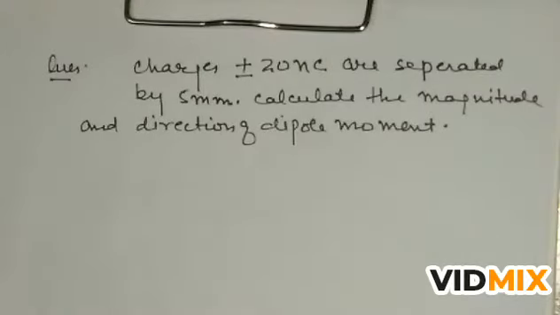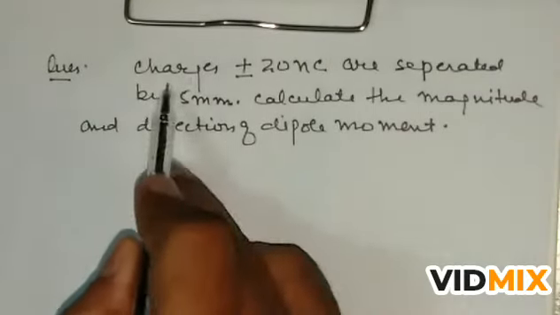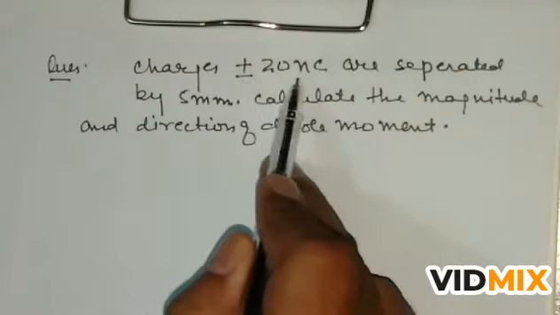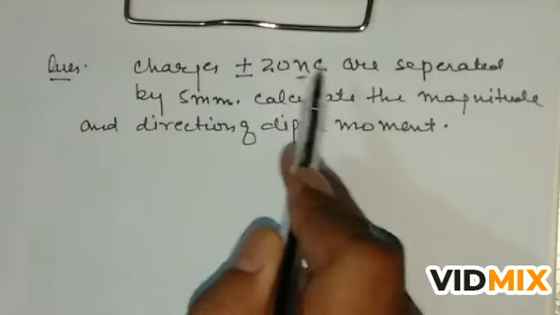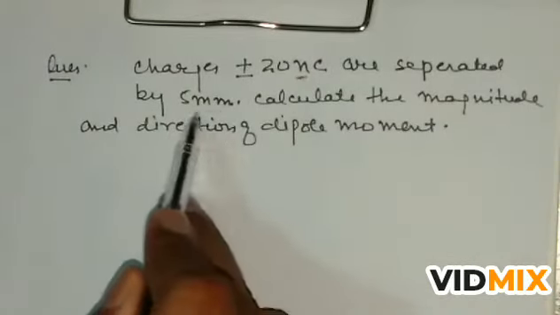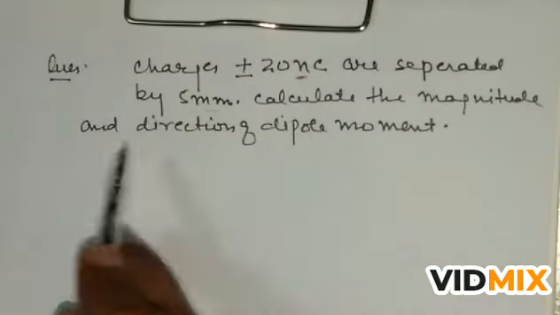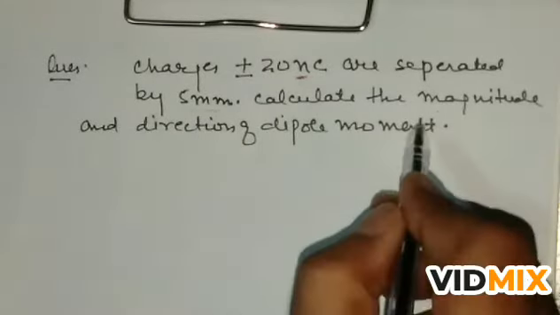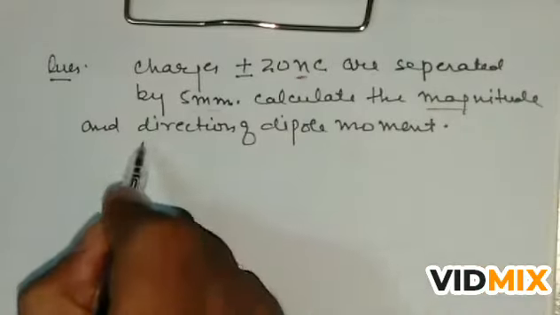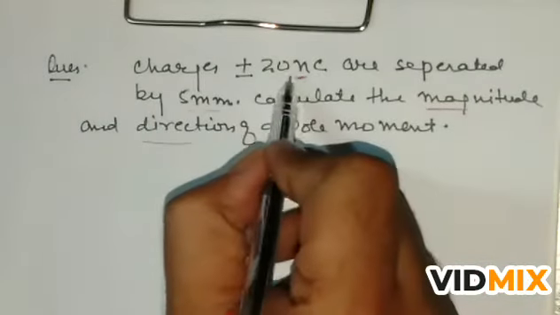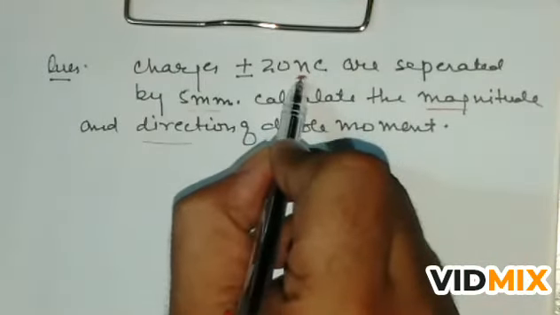Now let us solve one question. The question is: charges of plus minus 20 nanocoulomb, N means nanocoulomb, are separated by 5 millimeter. Calculate the magnitude and direction of dipole moment. So you have to calculate the magnitude and direction of the dipole moment. Here you see the unit is given in nanocoulomb.